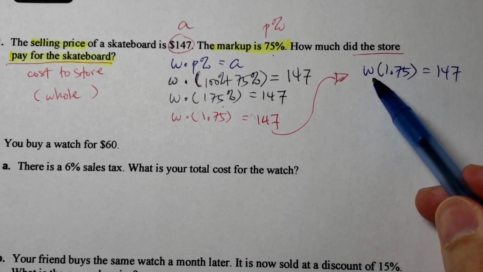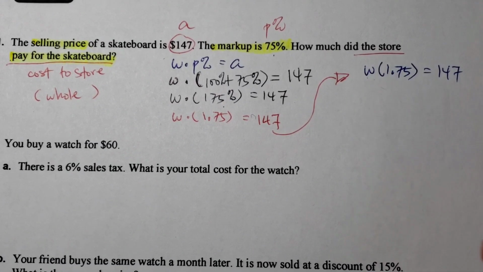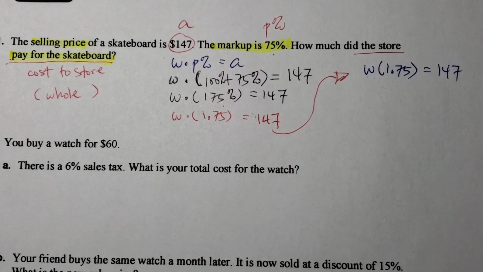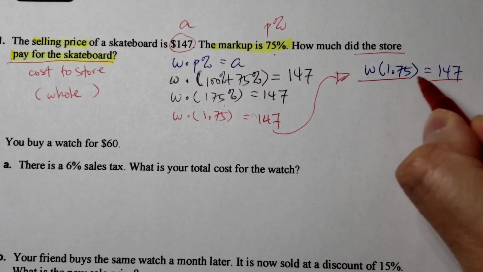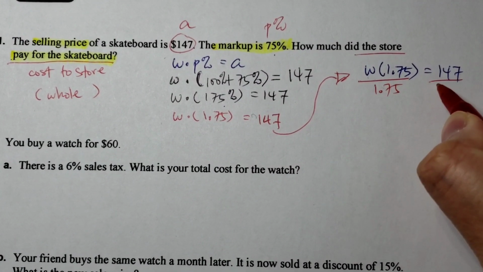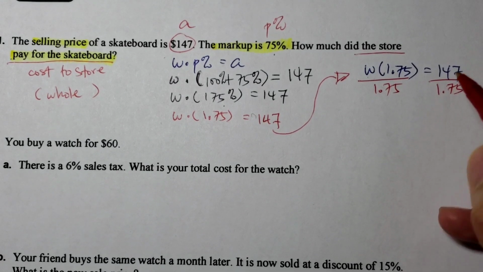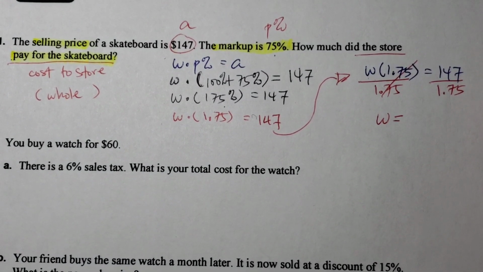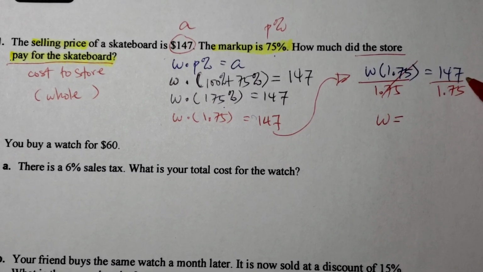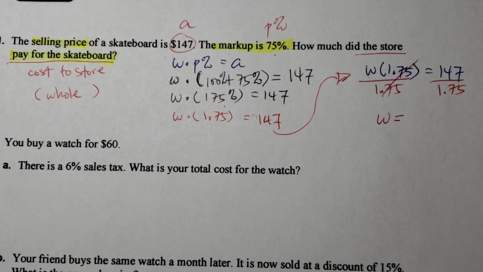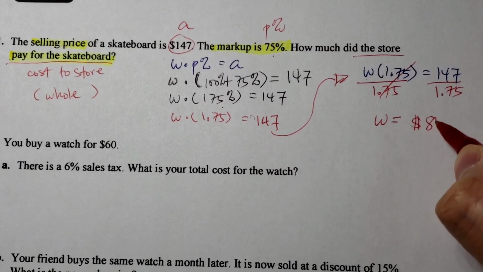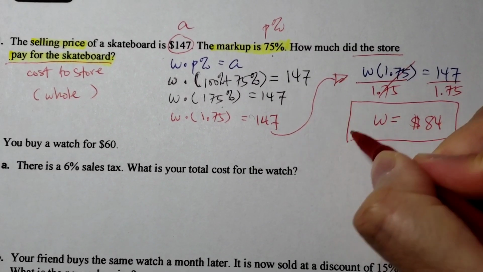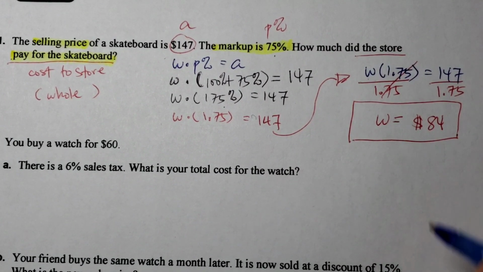We're solving for W. Isolate W by dividing by the coefficient, which is 1.75. Please review your one-step equation. So that becomes a 1. So W, if you use your calculator, 147 divided by 1.75, that gives you $84. So $84 is the cost to the store.